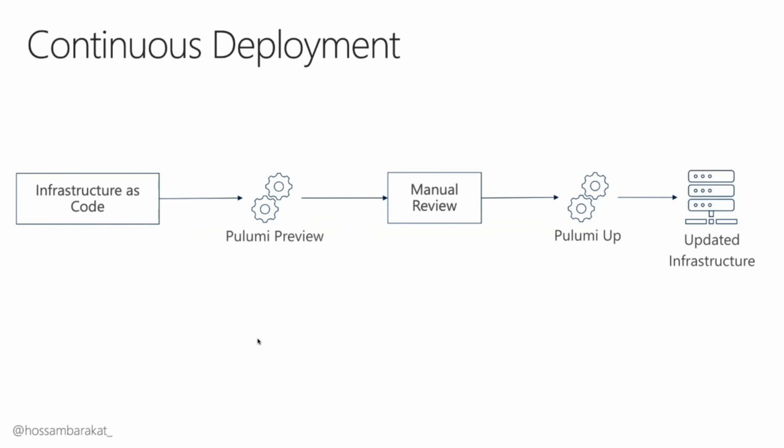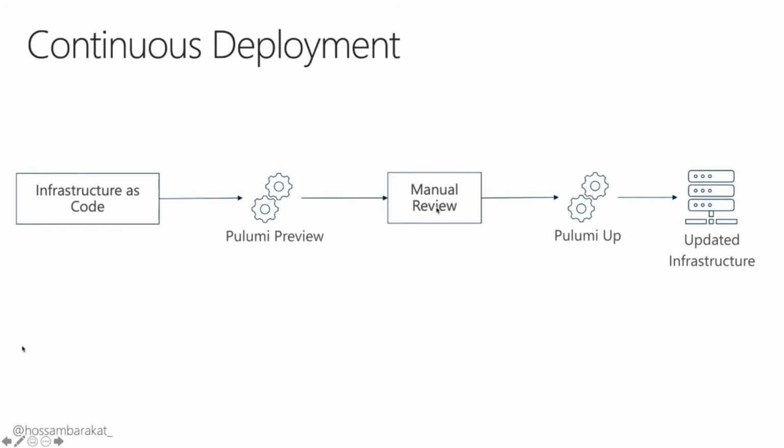Generally, the pipeline will look something like this. You will have your infrastructure code, be it the .NET code that you have written. Then you will run Pulumi preview, which is the first section to tell you what kind of changes will be applied if you were to proceed with those changes. Usually you will have a manual step, and this is where you preview the outcome of Pulumi preview.